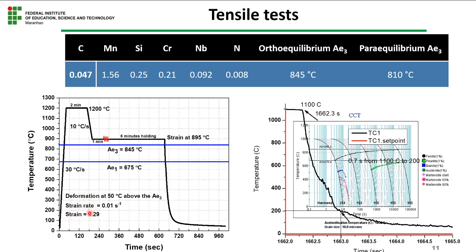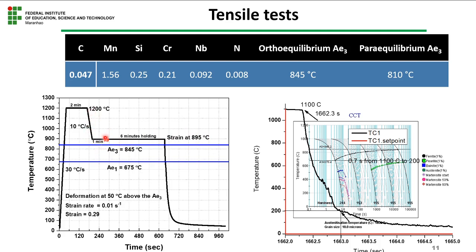The maximum strain was 0.3, and the strain rate was 0.01, so very low strain, to see the exact confirmation of ferrite formation above. As you can see here, the A3 line temperature is 845, well above this parallel equilibrium temperature. So you guarantee that this test was 50 degrees above the A3 line.